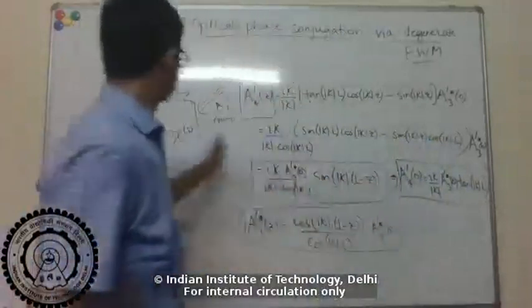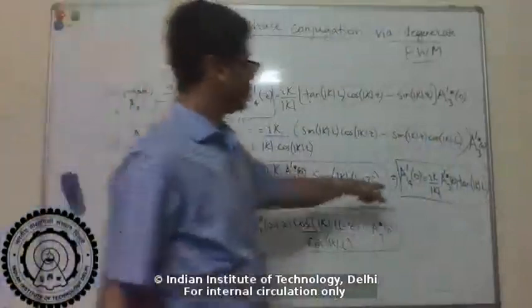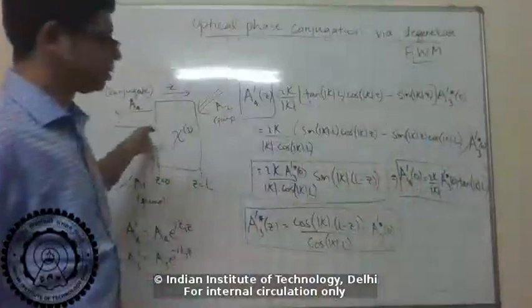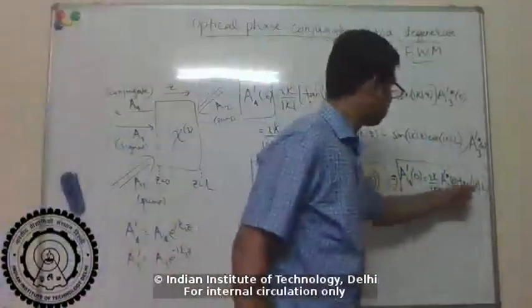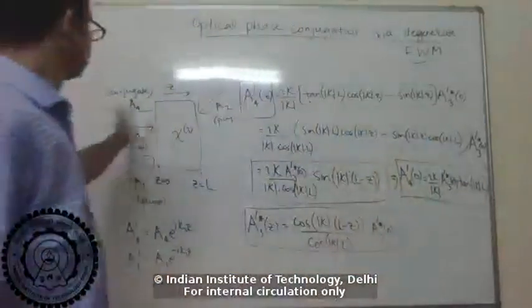So the reflected conjugate at the input facet of the medium is equal to the input amplitude times something, right? So this something is like a reflection coefficient.